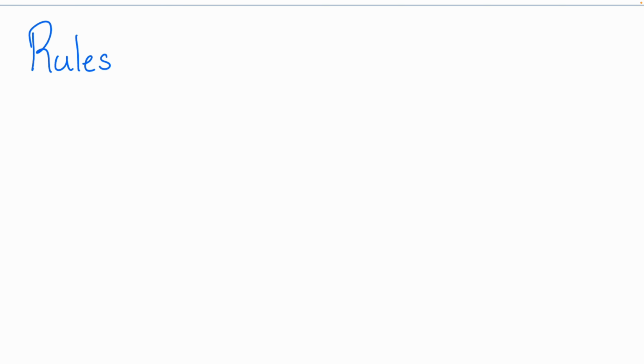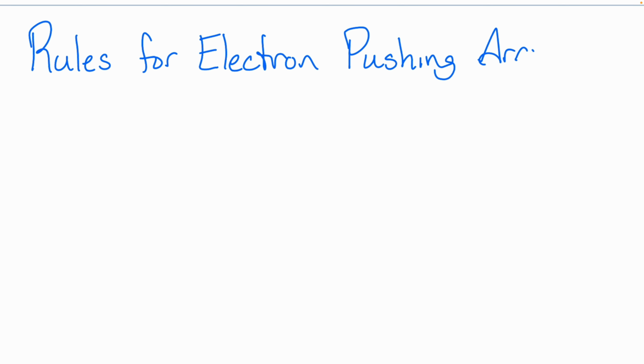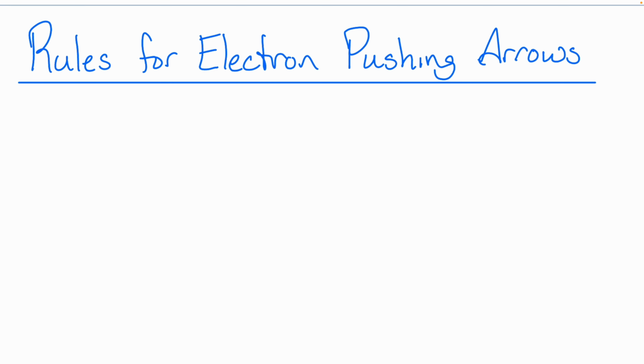All right, so first of all, let's talk about rules for our electron pushing arrows. Okay, so first of all, important to keep in mind, these show the movement of electrons, not atoms.